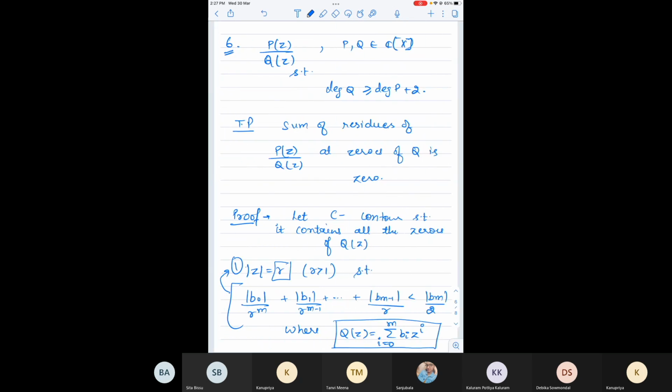Is it fine? Assuming the two polynomials have the coefficients Bi's and Ai's, we choose R in such a way that this inequality is satisfied.